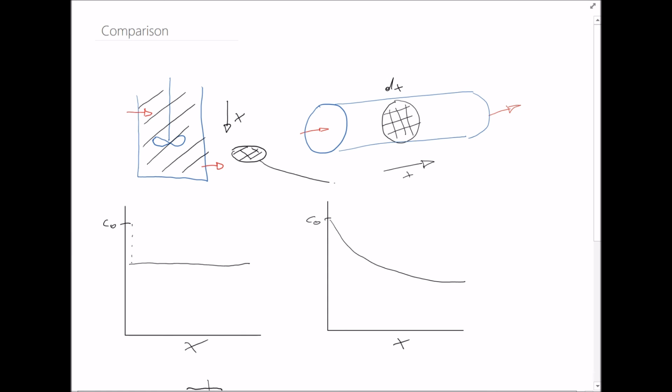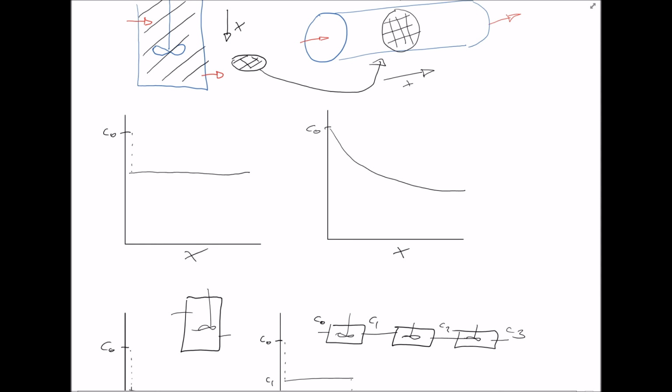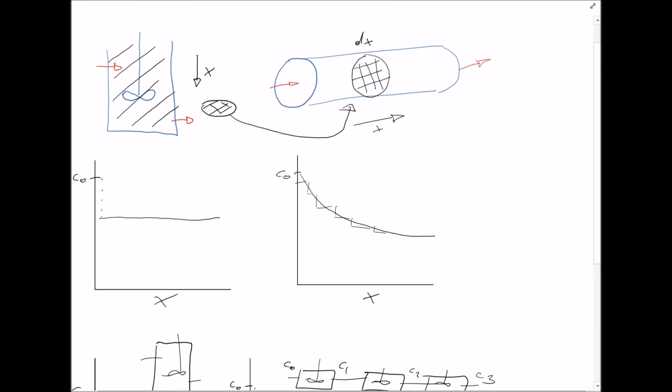And this disk is one element of a PFR. So the more CSTRs you put in series, the more it starts to become a PFR, and you will achieve a stepwise concentration profile which looks very much like a PFR. So at infinity, if you string together as many CSTRs as possible, you will get a PFR.